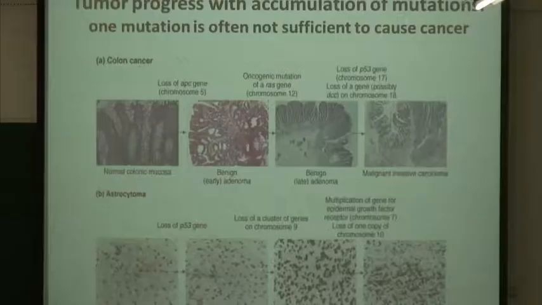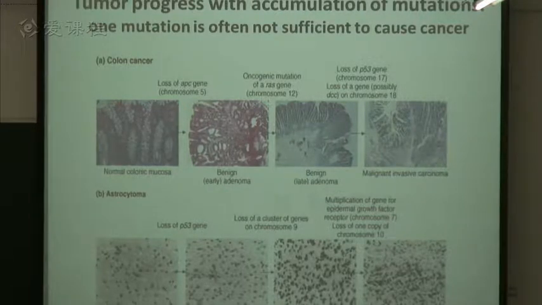And as shown here, three examples show how these tumor genes or cancer genes are involved in the progression of cancer. The first example is colon cancer. Here, this is the well-structured normal colonic mucosa, and then you lose the APC gene, which is a tumor suppressor gene, and you get the benign adenoma.